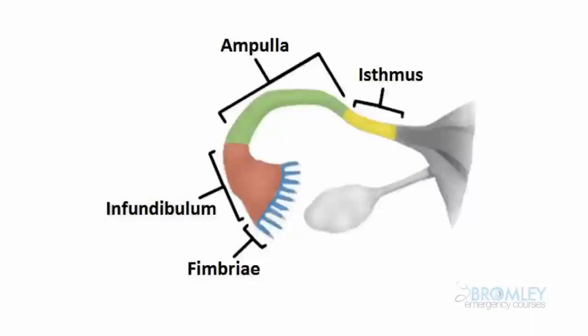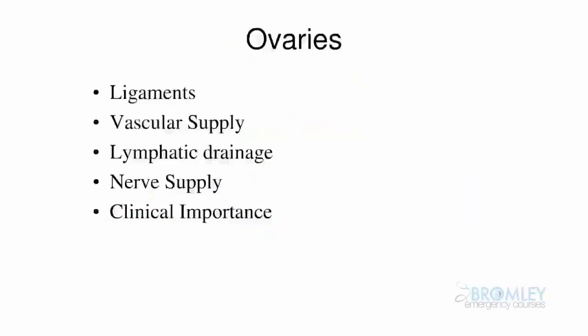Okay. In terms of ligaments of the ovary, let's talk a little bit about the blood supply and then we'll move on. The arterial supply to the fallopian tubes is via the uterine and the ovarian arteries. Venous drainage is via the uterine and ovarian veins.